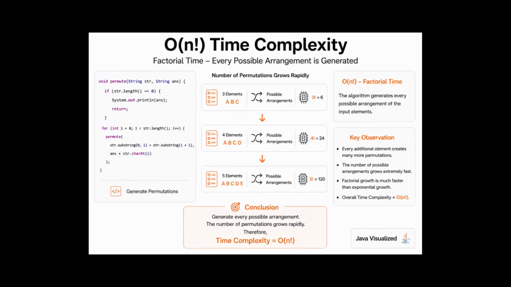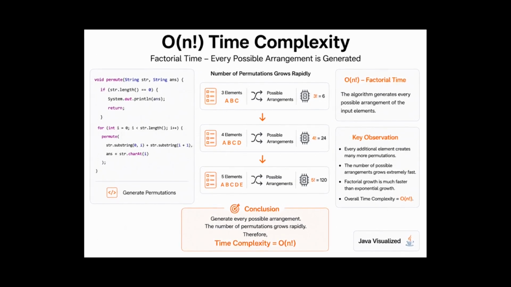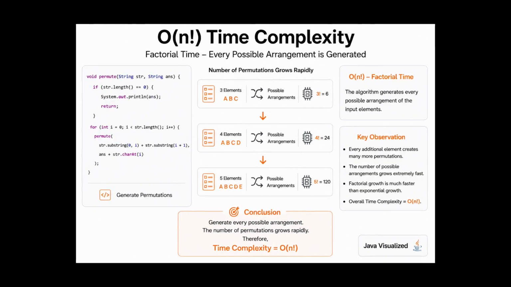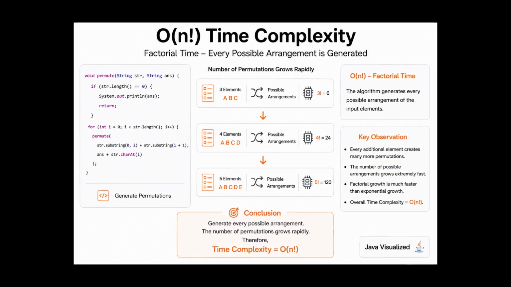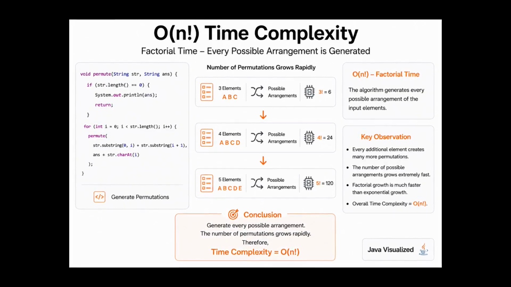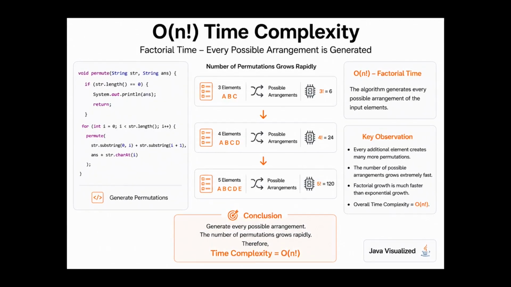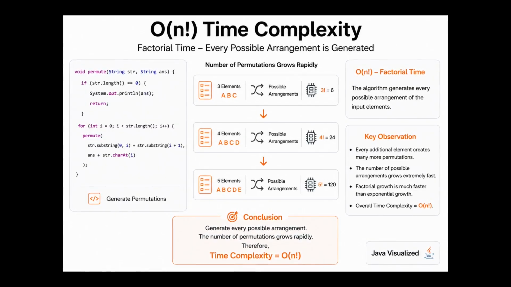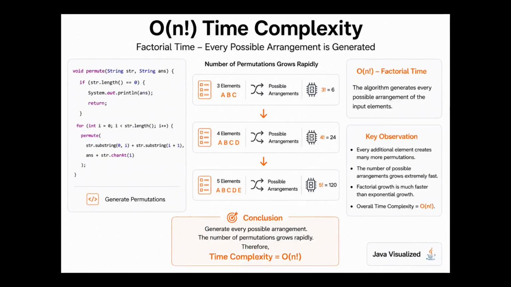Finally, let's understand O of n factorial, also known as factorial time. An algorithm has O of n factorial time complexity when it generates every possible arrangement or permutation of the input elements. For example, with 3 elements, there are 6 possible permutations.